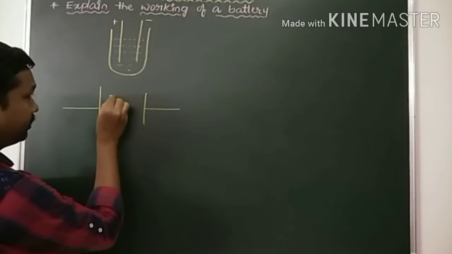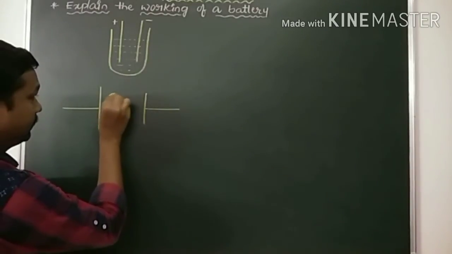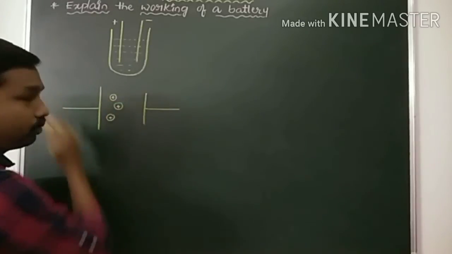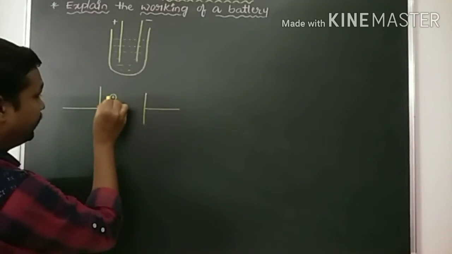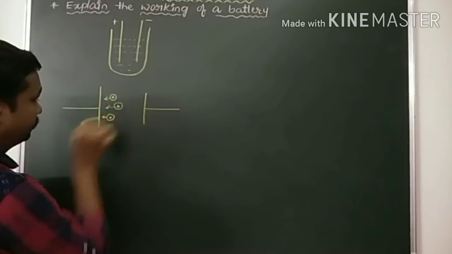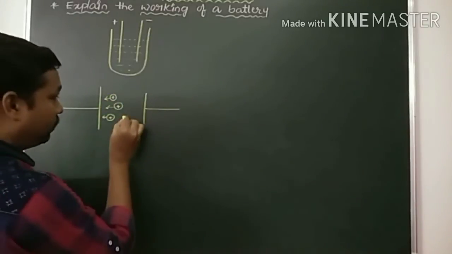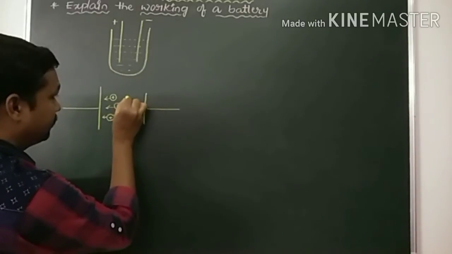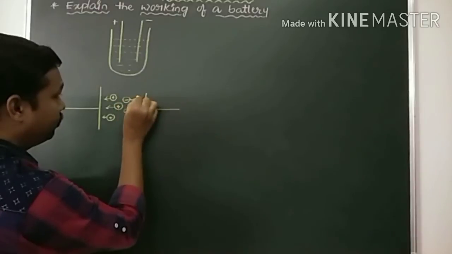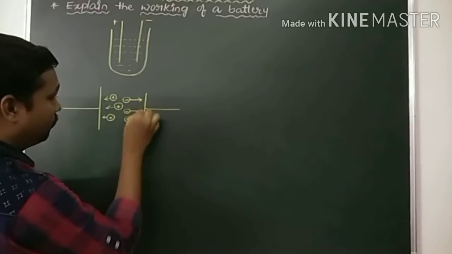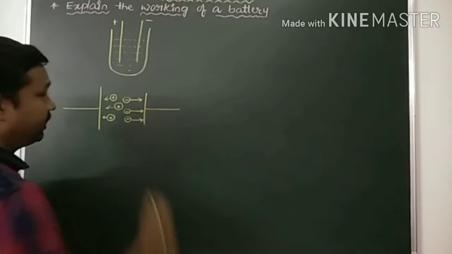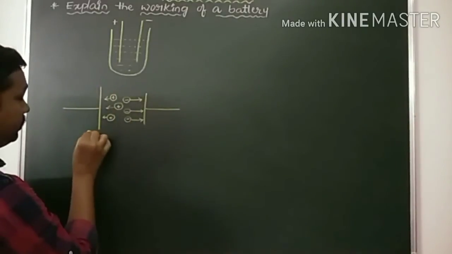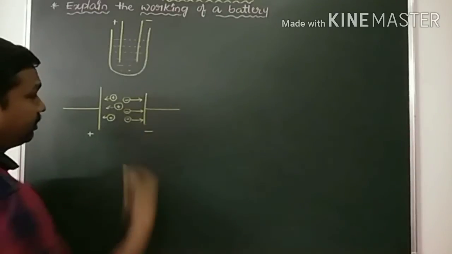All positive ions in the liquid will move towards one electrode. Similarly, all negative ions in the liquid will move in the opposite direction to the positive. So what you get here is a positive terminal and a negative terminal.